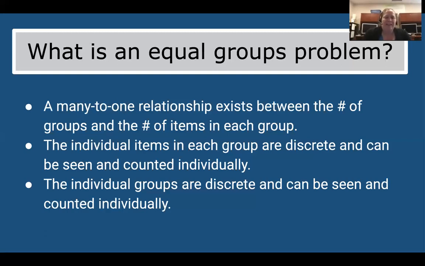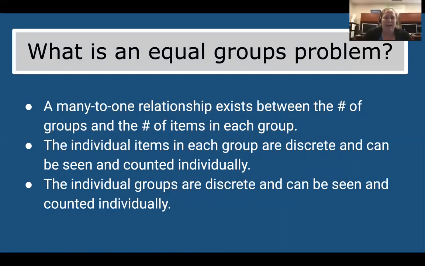That means that in our gum problem, for example, you have 4 pieces of gum in 1 pack. That's a many-to-one relationship. 4 is 1. So that's the first bullet. The individual items in each group are discrete and can be seen and counted individually.